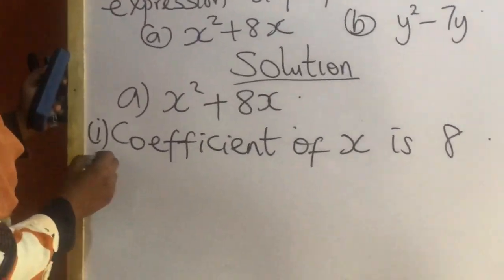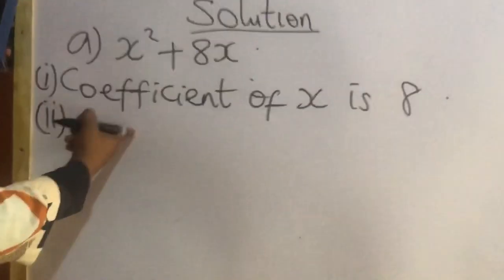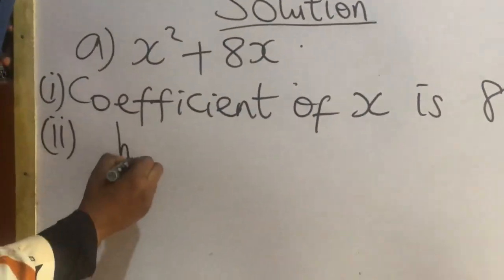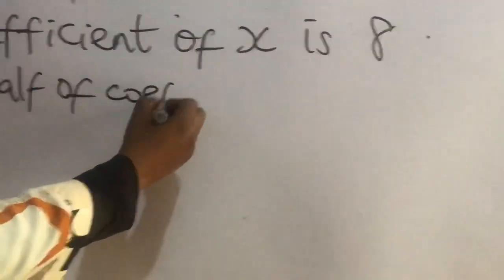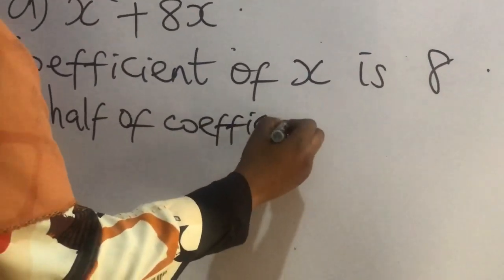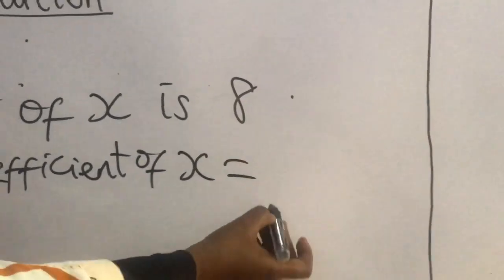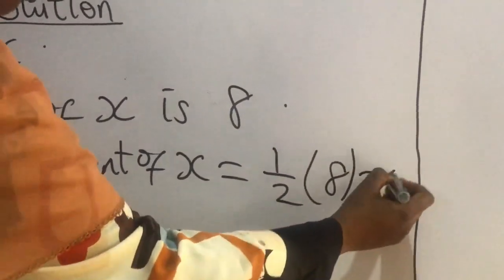Then step 2 is that we are going to find half of the coefficient of x. So half of the coefficient of x is equal to 1 over 2 multiplied by 8, which is equal to 4.